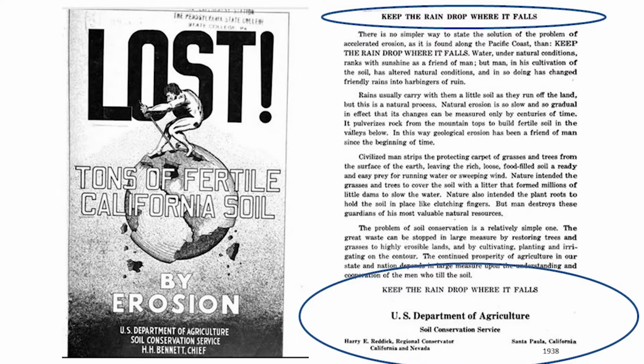None of this, though, is new. The Soil Conservation Service in California, back in 1938, recognized the importance of capturing or keeping the raindrop where it falls by the use of good soil management practices such as cover cropping and no tillage.